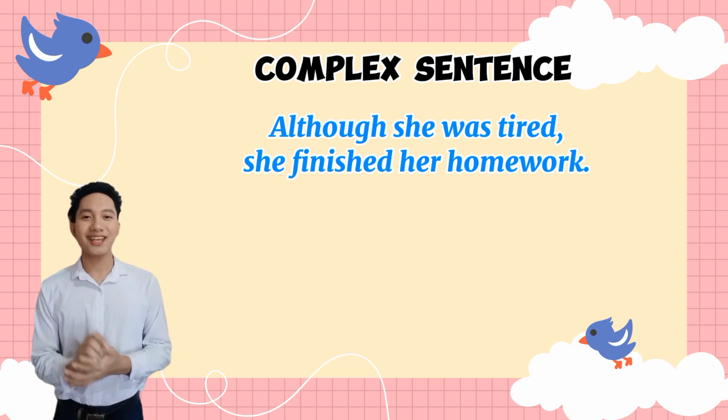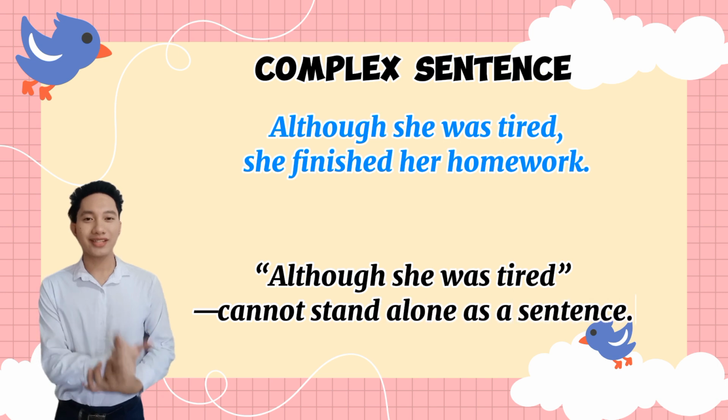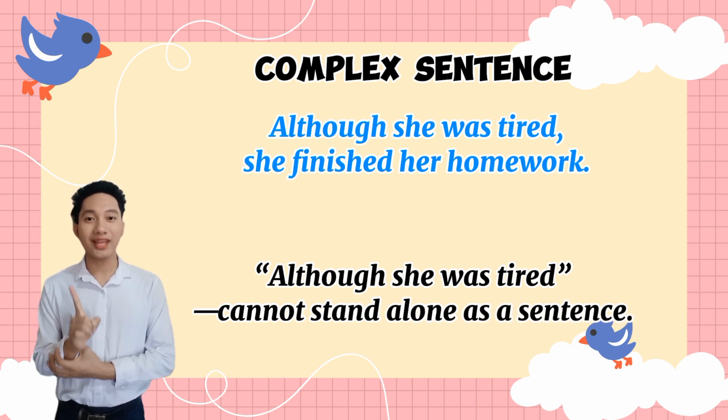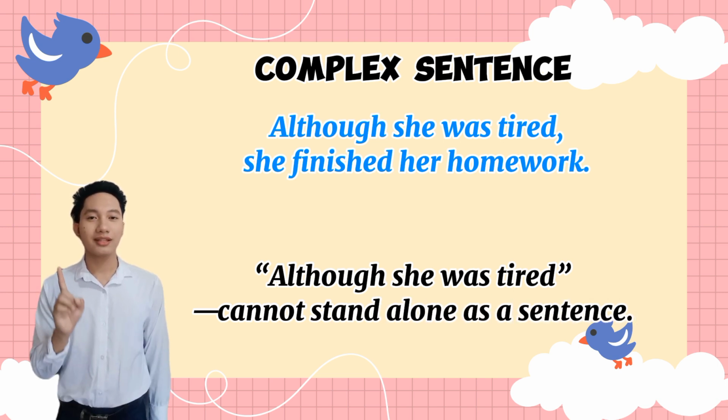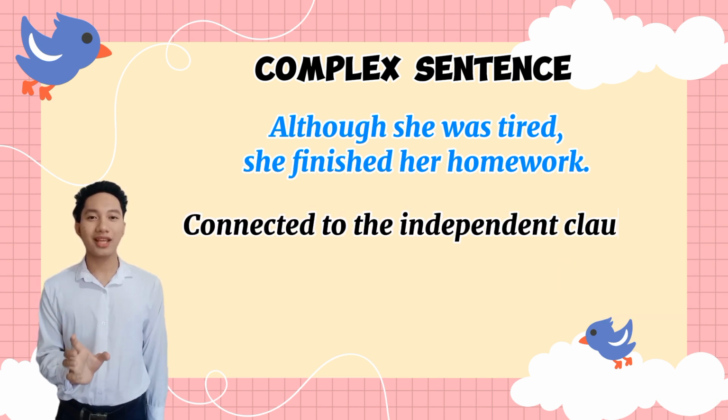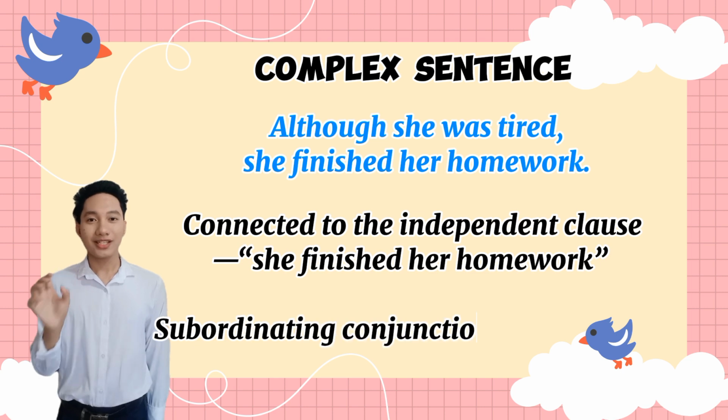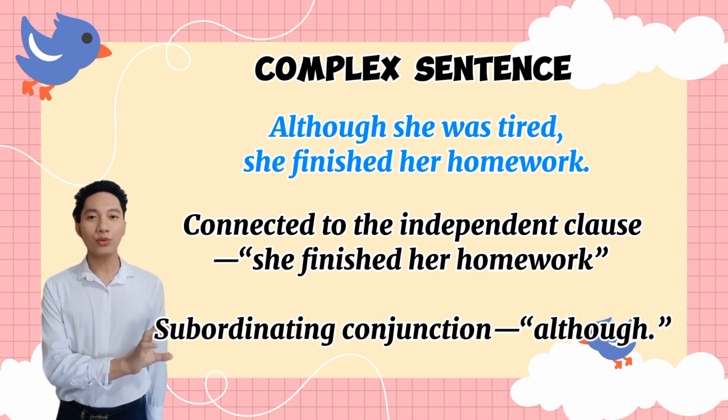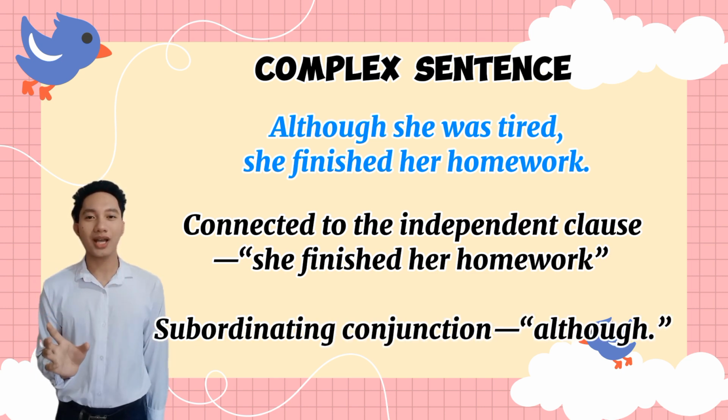So this sentence is complex because although she was tired is a dependent clause that cannot stand alone as a sentence, and it is connected to the independent clause she finished her homework by the subordinating conjunction although.